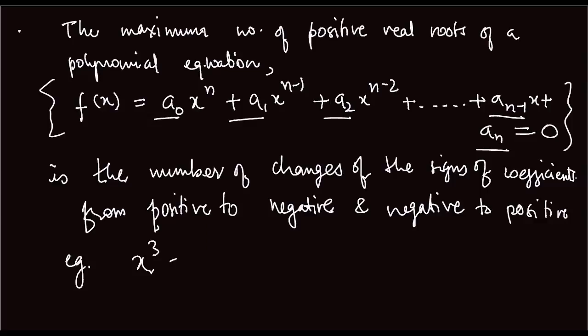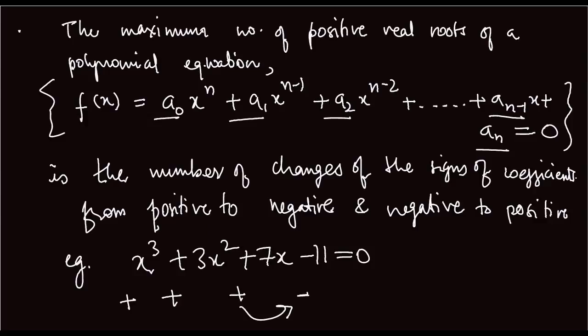So let's see one example. Let's say we have x cube plus 3x square plus 7x minus 11 is equal to 0. So positive roots at most 1, because this is a plus sign, this is a plus sign, this is a plus sign, and this is a minus sign. There is only one change, from positive to negative. The others are from positive to positive. So we have at most one positive root.